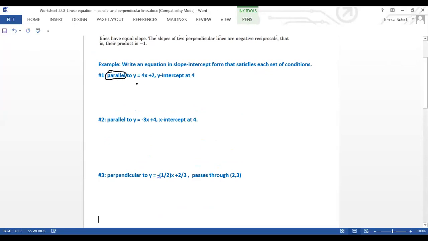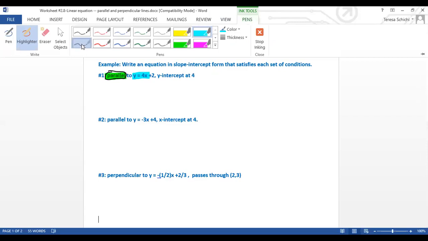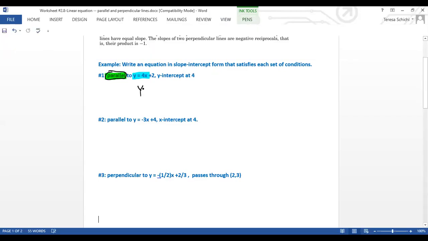Parallel. And this one is already in slope-intercept form. So for the parallel, remember, what happens to the coefficients of the y and the x? Nothing, keep them. So that's why we say y equals 4x plus b. The y-intercept at 4 really is the point (0, 4).